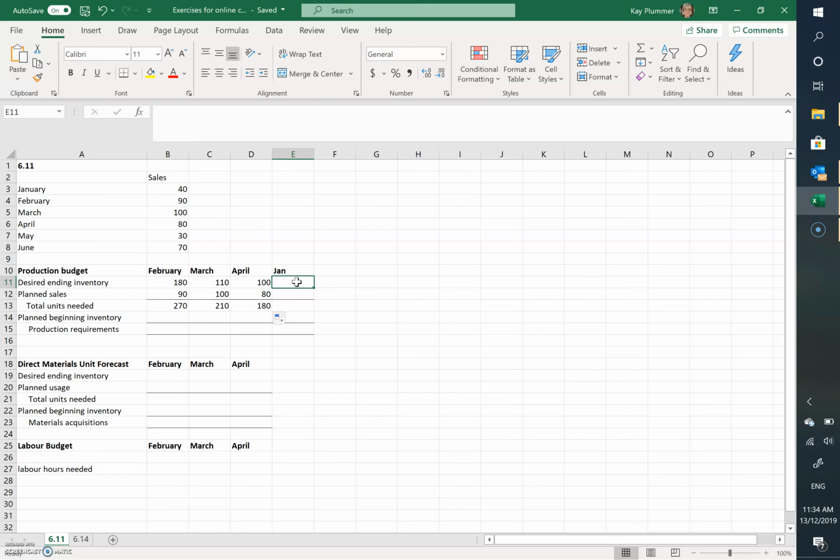The desired ending inventory in January is going to be the next 2 months' sales. So that's going to be February and March sales. So that's our beginning inventory in February.